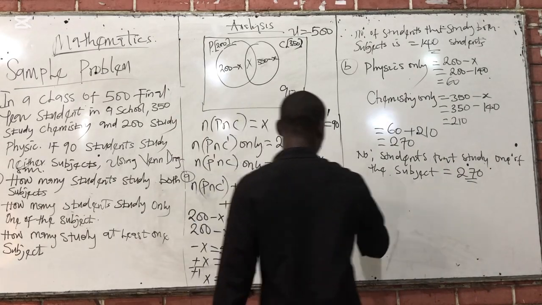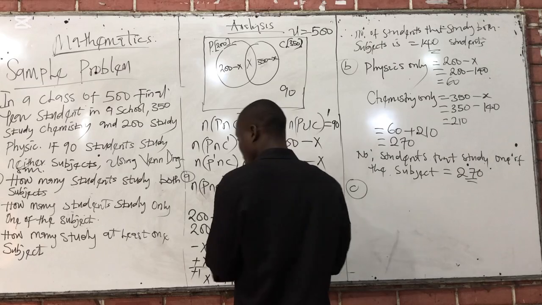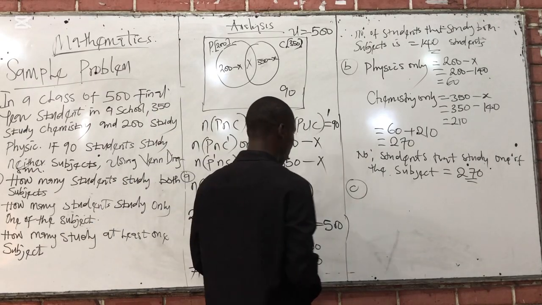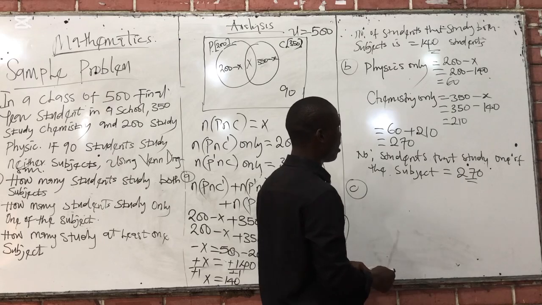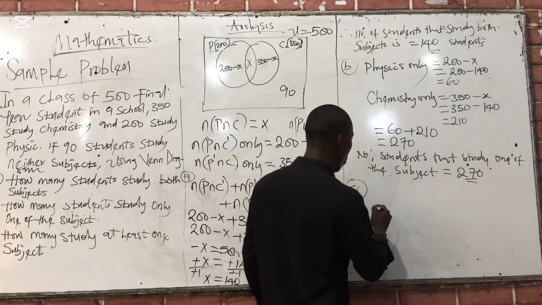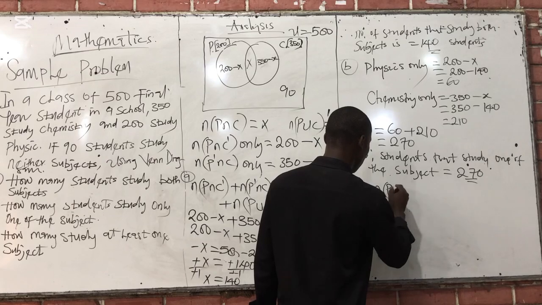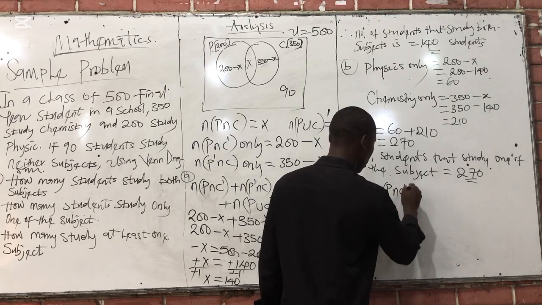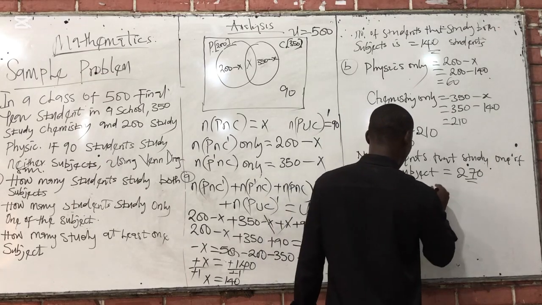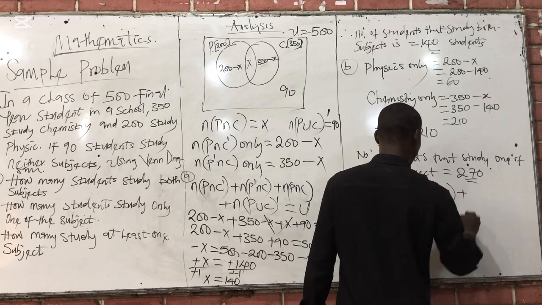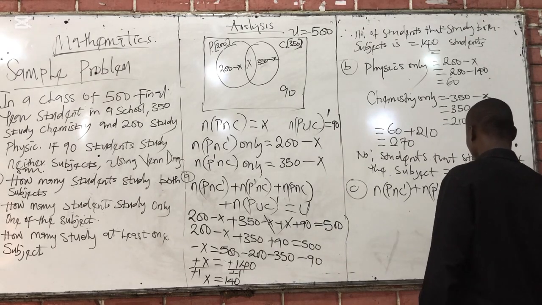So quickly we are going to rush into C, and C says, how many students studied at least one of the subjects? So the number of students that studied at least one of the subjects will be equal to the number of students that studied physics only plus the number of students that studied chemistry only plus the intersection of both subjects.